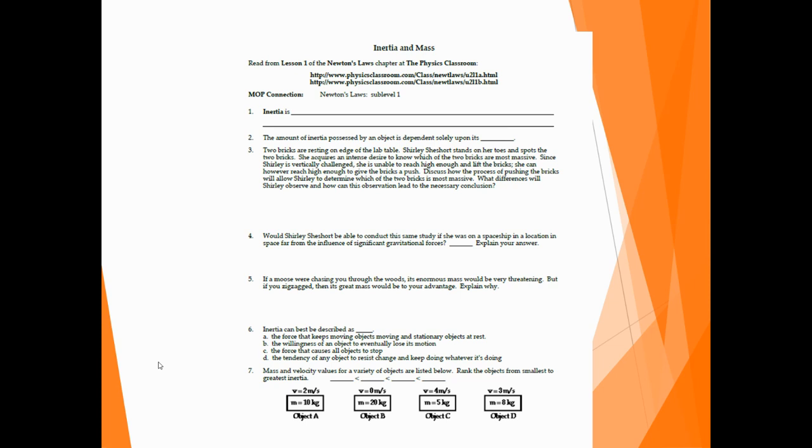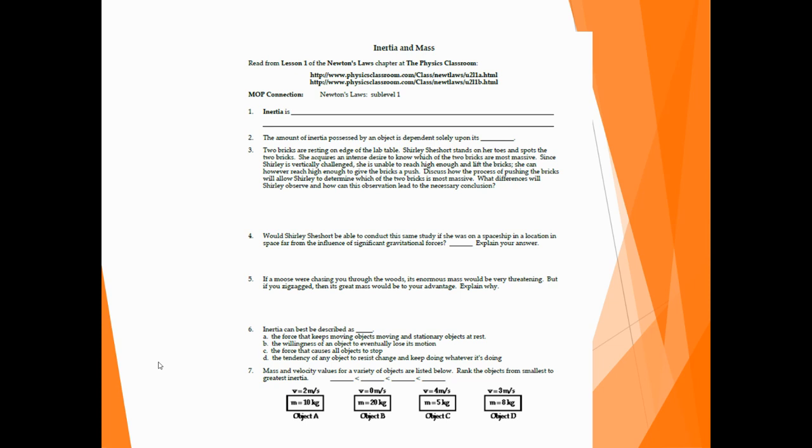Since she's vertically challenged, she's unable to reach high enough and lift the bricks. But she can reach high enough to give the bricks a push. Discuss the process of pushing the bricks and how that will allow Shirley to determine which of the 2 bricks is more massive. What differences will Shirley observe, and how can this observation lead to the necessary conclusion?